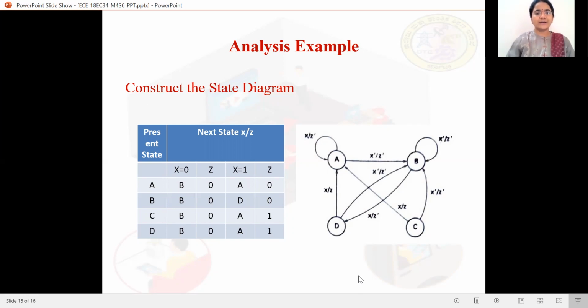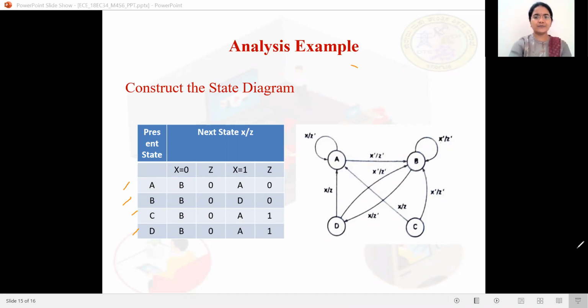So here we are writing the state table, and after writing the state table, depending on the present states, first we have to write the state diagram.